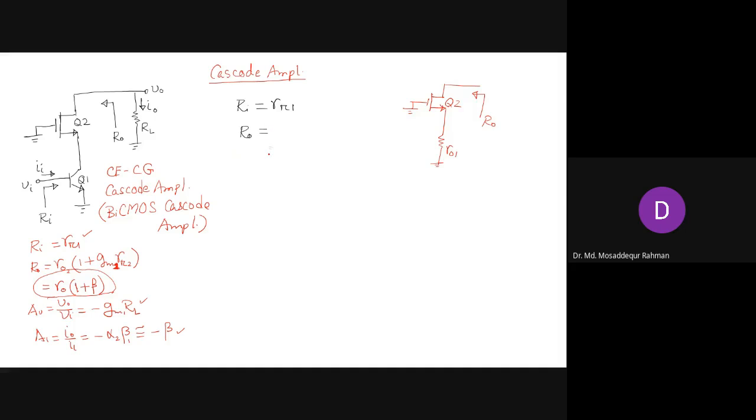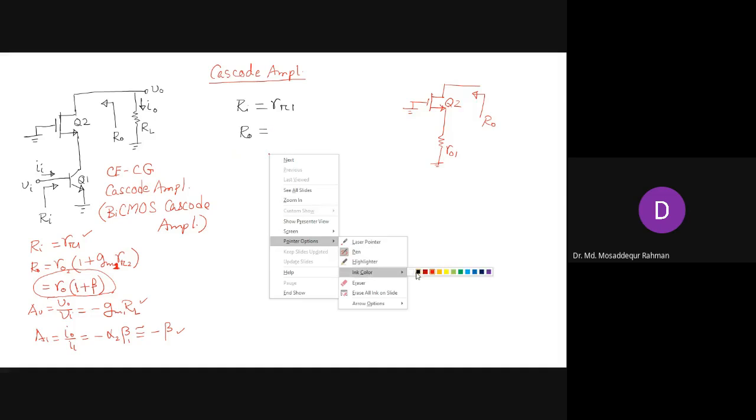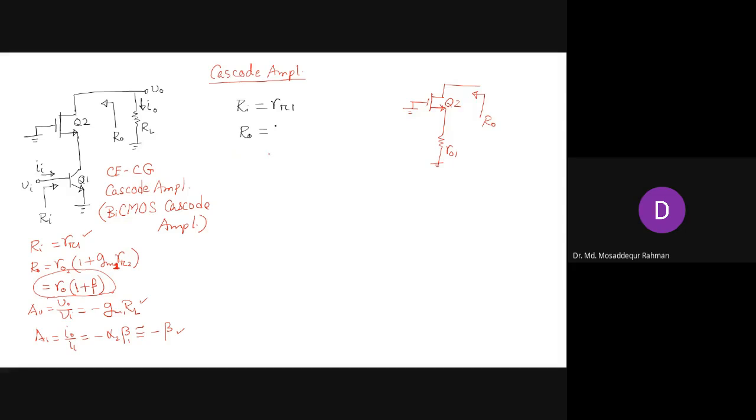First, the small r naught, that's r naught 2, and then you will have 1 plus Gm for Q2, and then you have the resistance here, in this case, the source r naught 1 in parallel with.